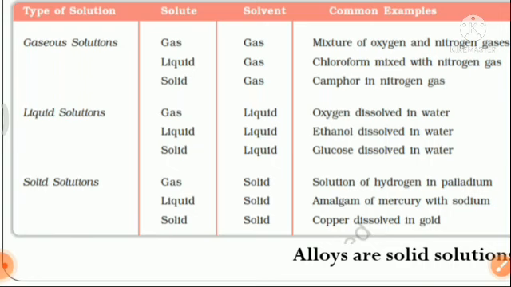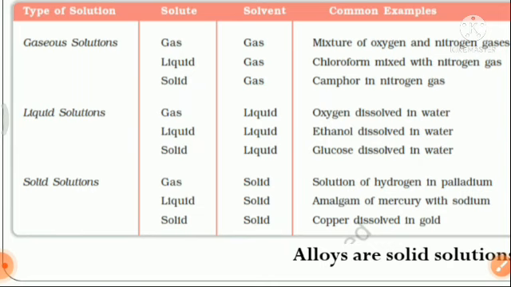Similarly, if the solute is a liquid, the solvent for a gaseous solution will always be a gas. An example is chloroform. When chloroform is mixed with nitrogen gas, chloroform is a liquid and nitrogen is a gas. Since the solvent is a gas, the solution will be a gaseous solution.